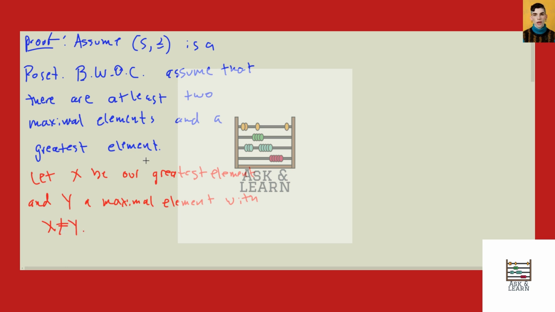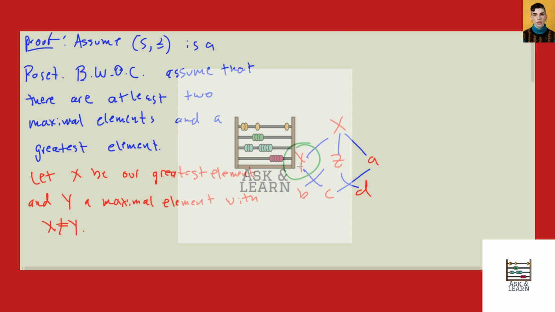Now let's draw a Hasse diagram to maybe give us some inspiration on what to do. If x is our greatest element, it would be at the very top. Let's say we have y, z, a, b, c, d, something like this. If x is our greatest element, then everything in the set should be less than or equal to it.